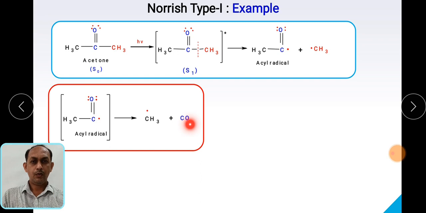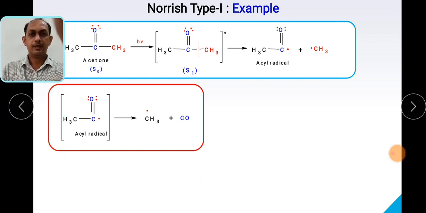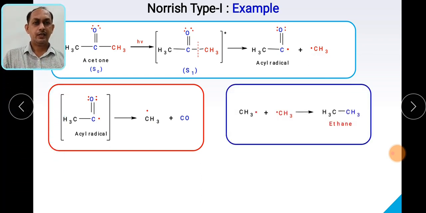So we have two radicals in the reaction vessel. One is the methyl from the first step, and the other is the methyl from the second step. In the next case, these two alkyl radicals will combine and form ethane. You can observe one CH3 is from this one, another CH3 is from this one.